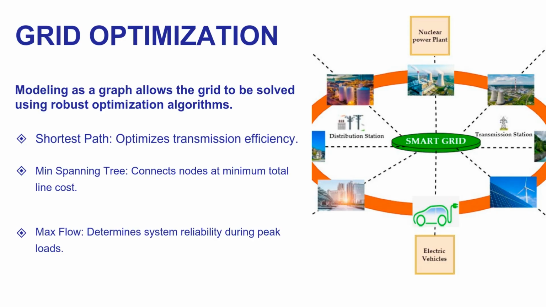For example, we can find the shortest path for maximum efficiency, or use a minimum spanning tree to minimize the total construction cost. In summary, this approach allows us to use precise mathematical tools to optimize power distribution, ensuring a more reliable and cost-effective grid.